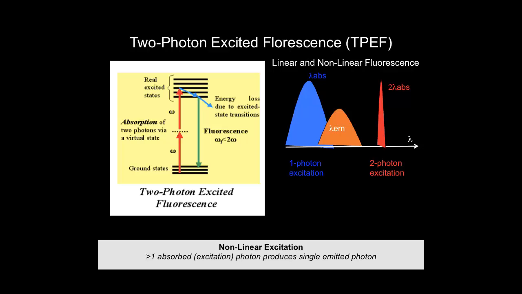In your case, you need to use two beams, and really the important part is to overlap them both spatially and temporally at the sample location to get the process, because it needs to take one photon from each beam. It needs to absorb them at the same time for the process to happen.